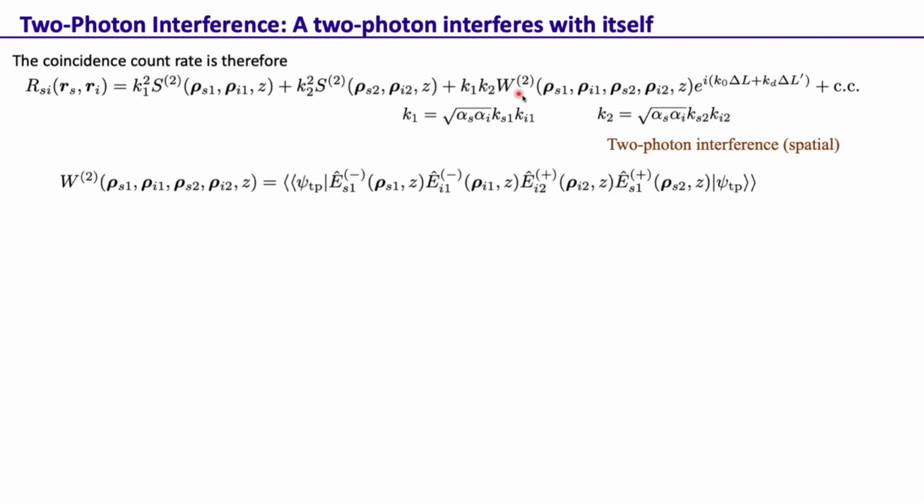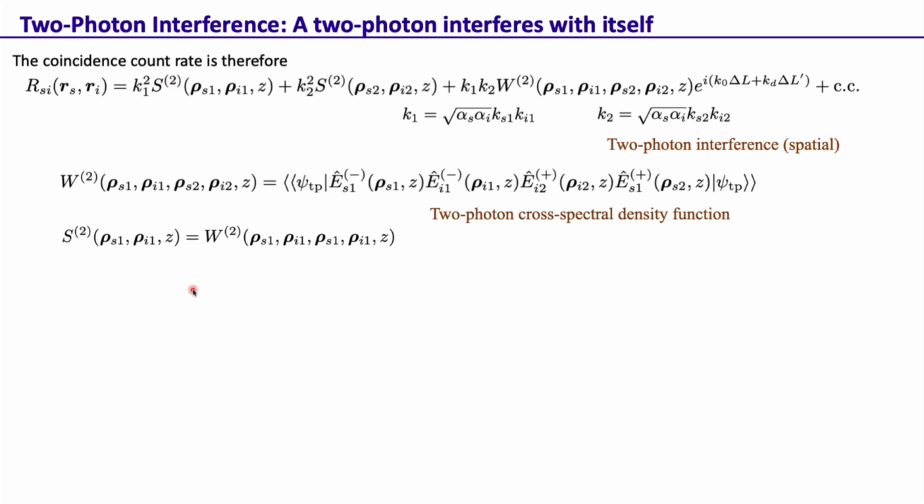Now this W2 of rho S1, rho I1, rho S2, rho I2, which is defined like this, we can call the 2-photon cross spectral density function. This terminology comes from 1-photon or classical interference, where the first terms are called the spectral density and the cross terms the cross spectral density. Since this involves 2 photons, we call it the 2-photon cross spectral density function.